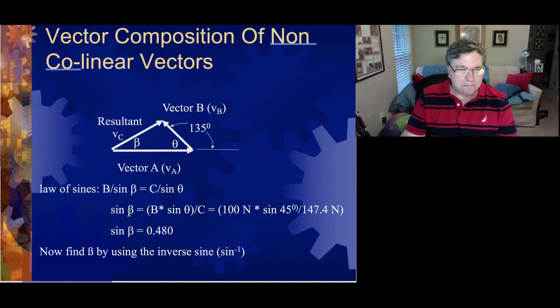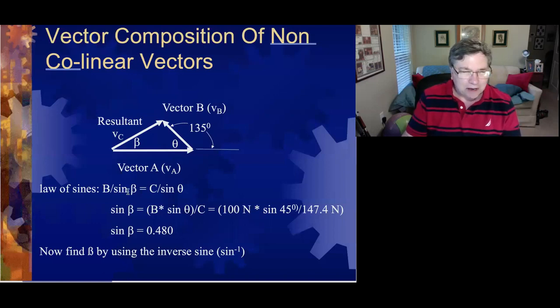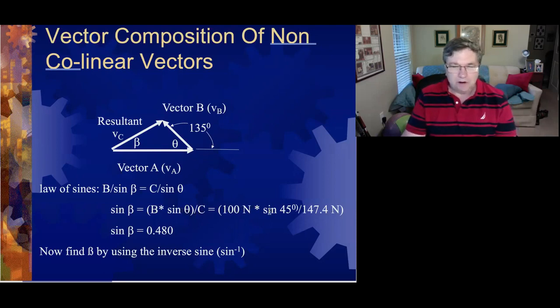So the sine of beta, a little bit of algebra and trigonometry. I'm going to move the sine of beta over, divide by side C, multiply by the sine of theta, multiplied by B. And that gives me 100 newtons times the sine of 45 divided by 147.4 newtons. And that's 0.480.